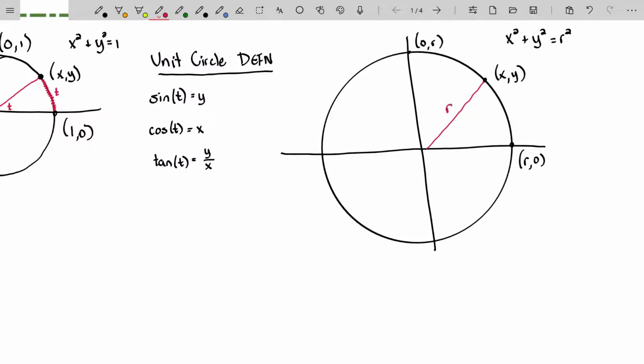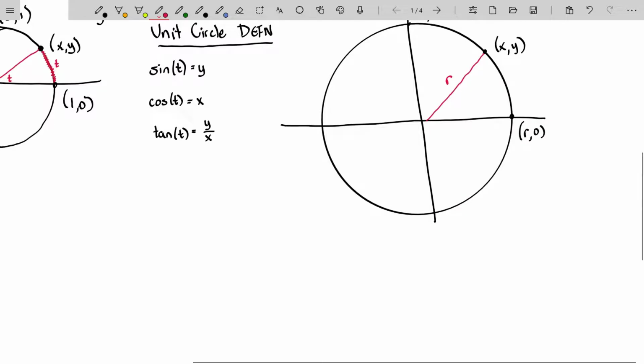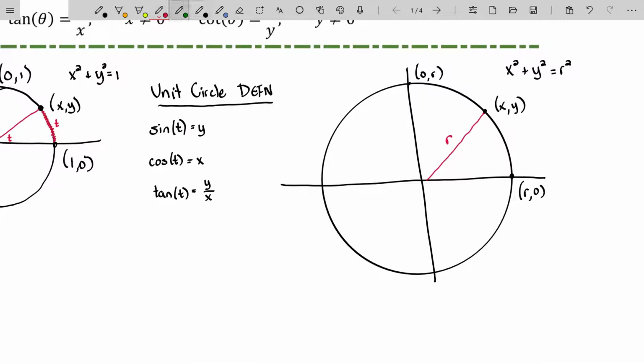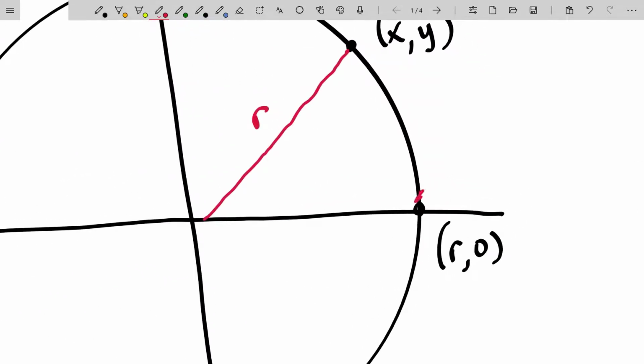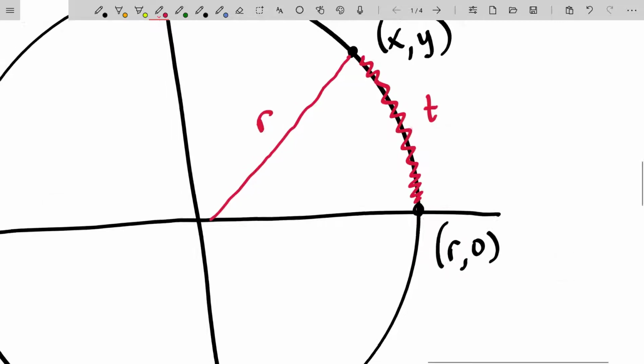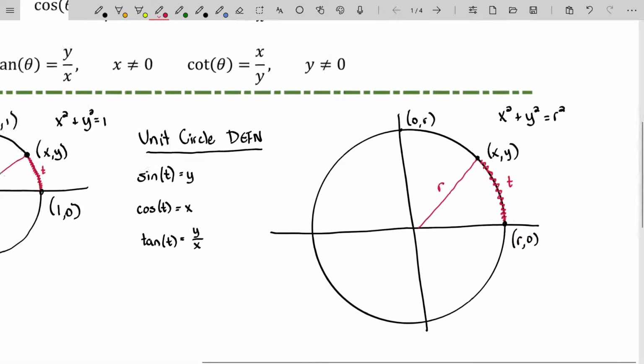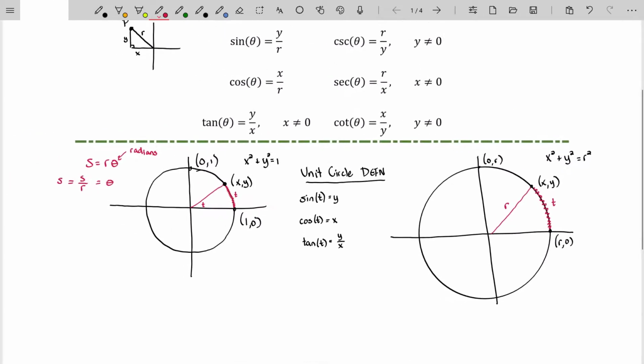So this radius is r, and we can then say, okay, well, instead of talking about the arc length, because the arc length here, let me show this. If this arc length was t, this angle is not going to be t. That's the problem. That angle and arc length match only on the unit circle.